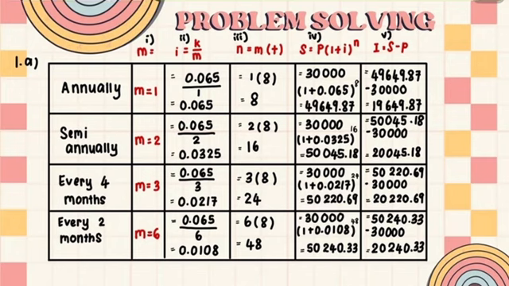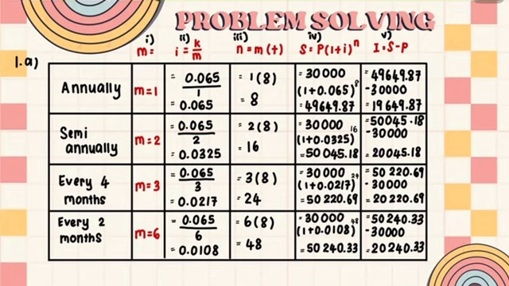M multiplied by T, so 3 multiplied by 8, so the answer will be 24. So P is 30,000, I is 0.0217 and N is 24. So the answer will be RM 50,220.69. So S is RM 50,220.69, P is 30,000, and we need to minus it, which gives RM 20,220.69.